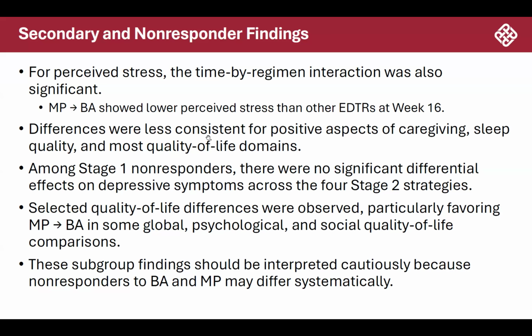Differences were less consistent for positive aspects of caregiving, sleep quality, and quality of life domains. And among stage 1 non-responders, there are no significant differences in effects on depressive symptoms across the 4 stage 2 regimes. But we need to be cautious when we look at responders and non-responders, because we only target the primary outcome, that means the depressive symptoms.